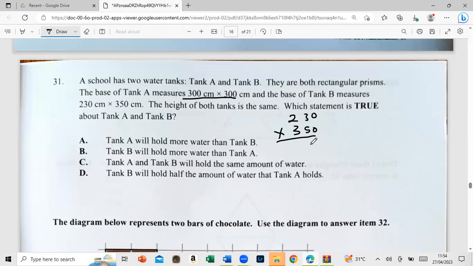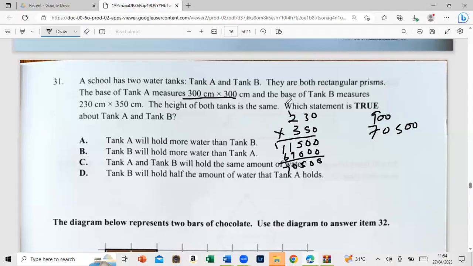I'm gonna multiply it out because I still have to show working. 5 times 3 is 15, 5 carry 1, 5 times 2 is 10 and 1 is 11. Put 2 zeros now because we multiply by 0 first. 3 times 3 is 9, 3 times 2 is 6. So that's 70,500, which means the other is 90,000.